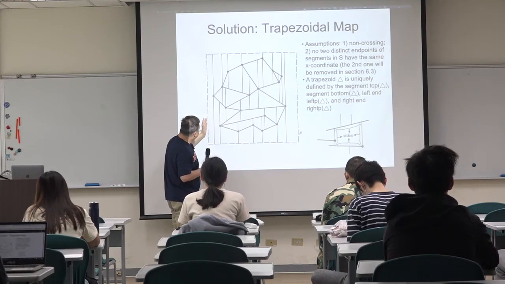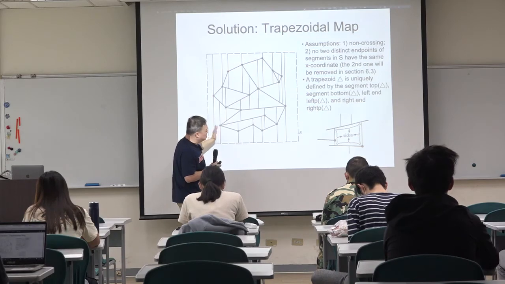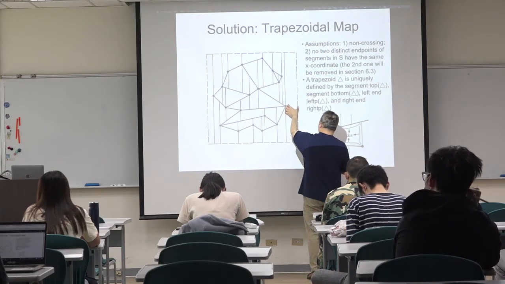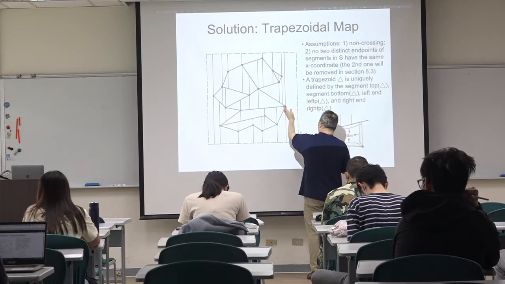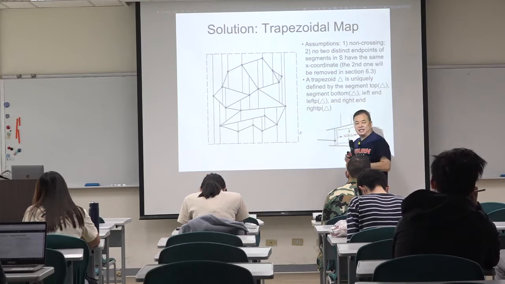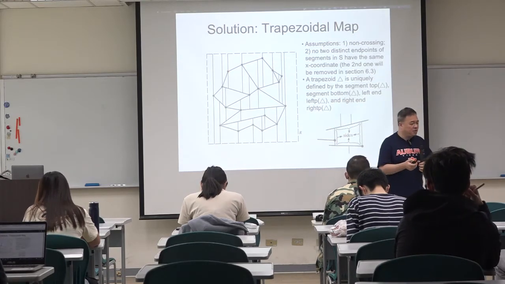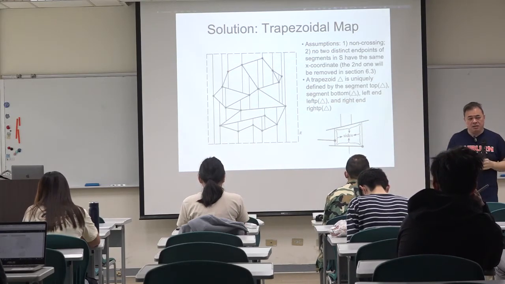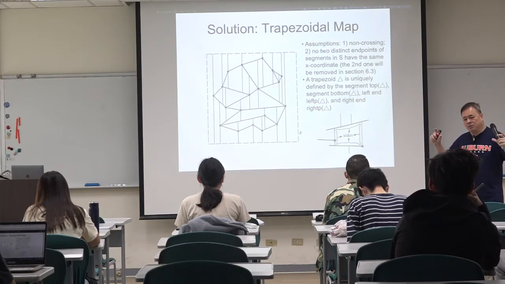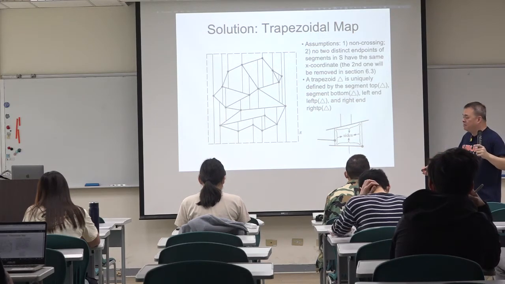The same thing goes for the rightmost trapezoid here. We have a point for the left side, but we don't have a point for the right side. That's the only special case: the leftmost trapezoid and rightmost trapezoid, which must involve the bounding box.